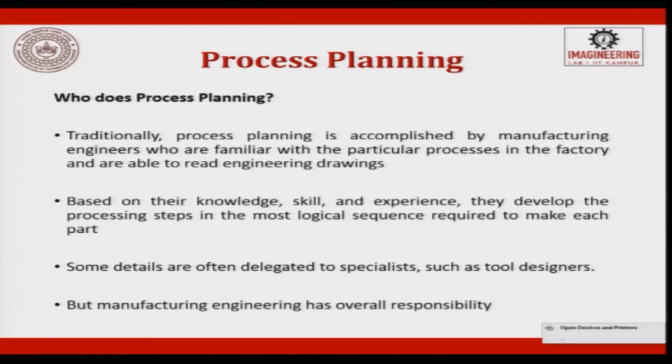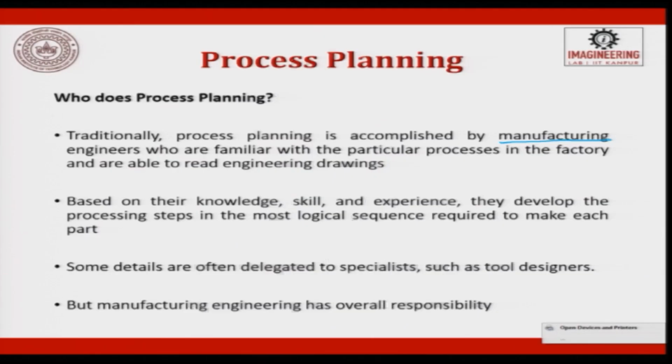Now, we will see who does this process planning. Traditionally, process planning is accomplished by manufacturing engineer who is familiar with the particular processes in the factory and are able to read the engineering drawing. So, who does it? A person who knows all the process, who understands the process and who knows doing this process, this is what is the output we are going to get, only that person can do.